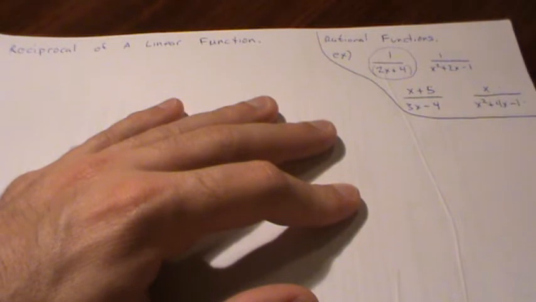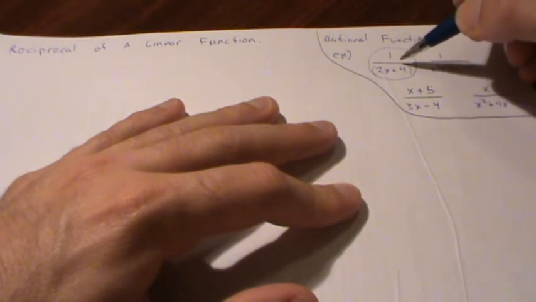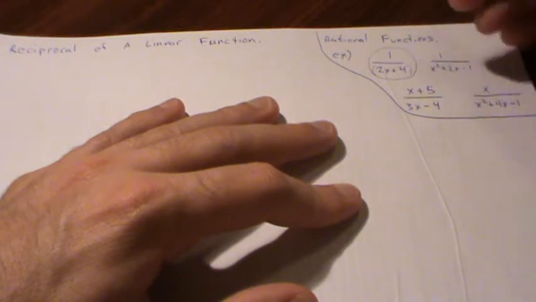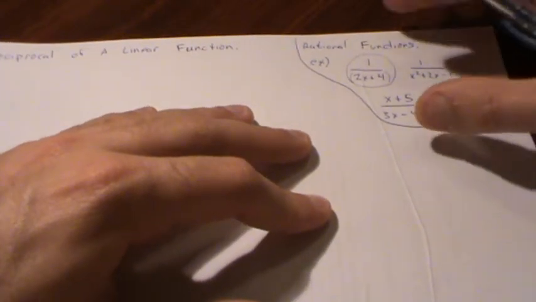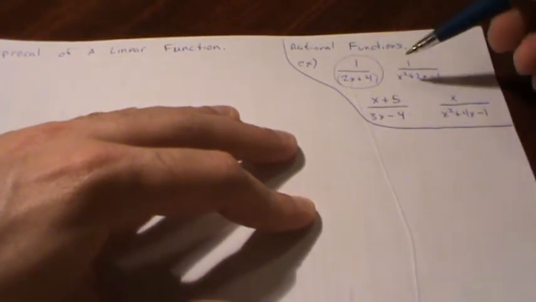Okay, but for today we'll only discuss the reciprocal of the linear function. So that's sort of an outline of where we're going to go. What are we going to discuss about these things?